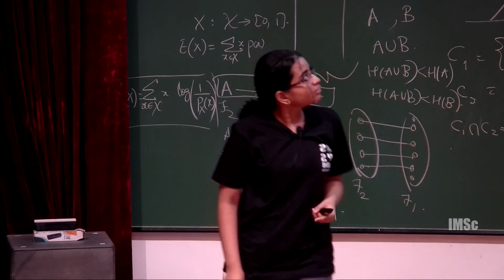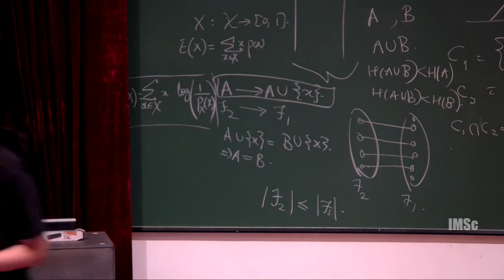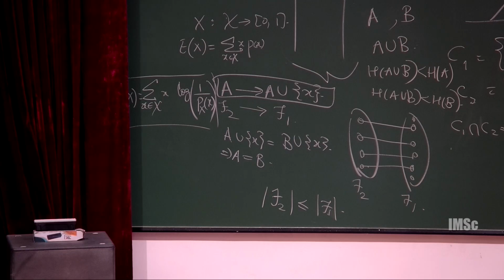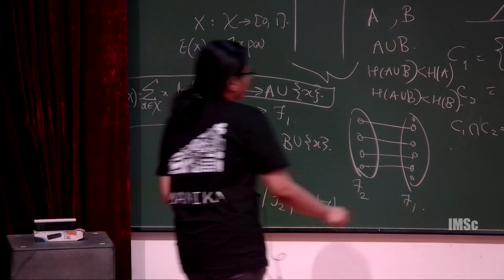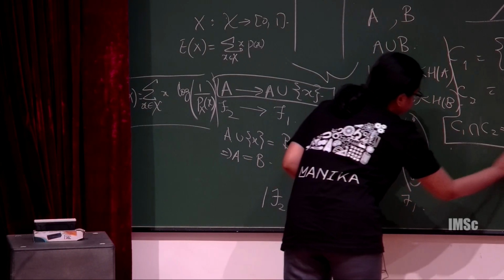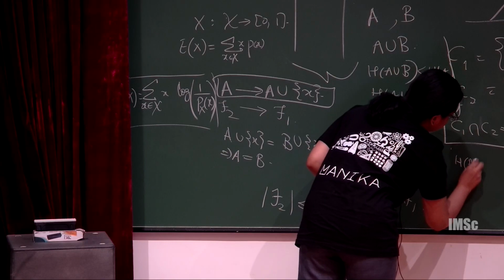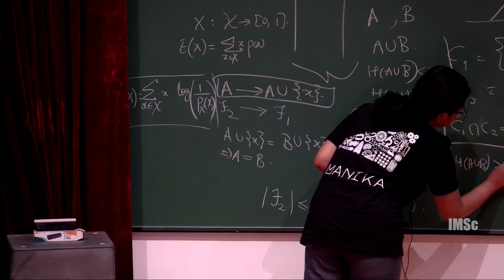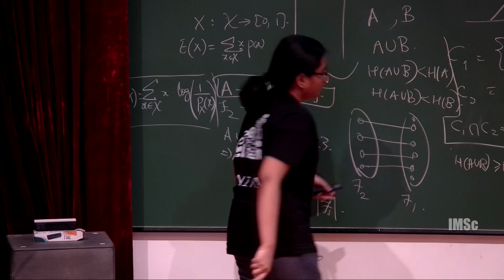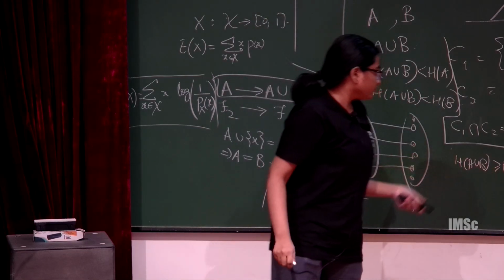But what Justin Gilmer was able to show was that if there is no element that occurs in even 1% of the sets, then the entropy of the union will be more than or equal to the entropy of a single set.